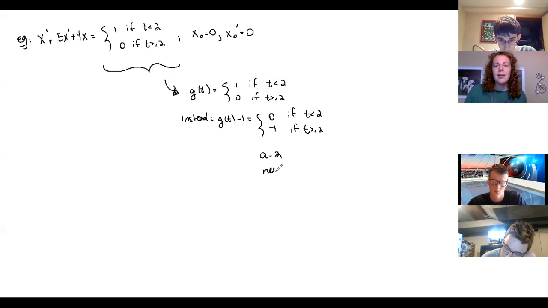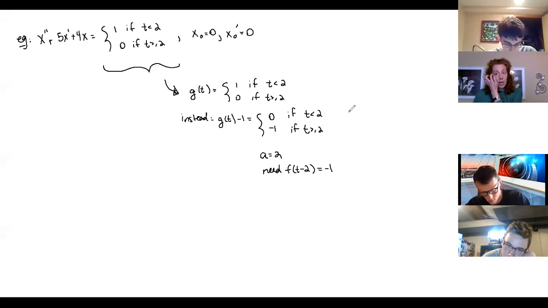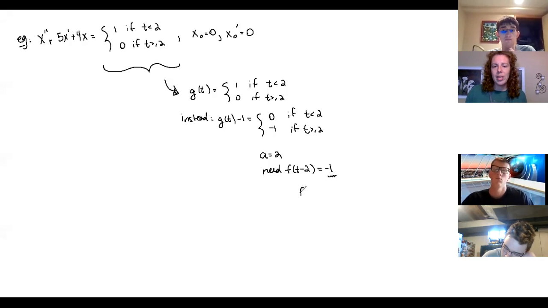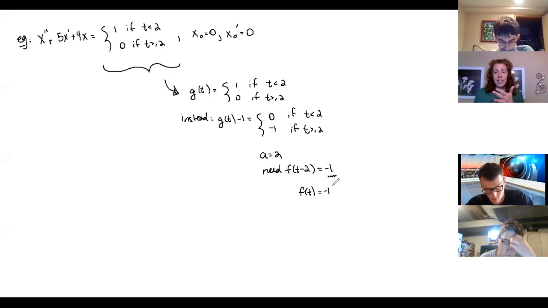And so what we need is we need f of t minus 2 to equal negative 1. There are no t's over here, so we can just have f of t equals negative 1. If there were t's on the other side, I would plug in a t plus 2. Remember, we do this backwards, but there's no t's, so f of t is just equal to negative 1.